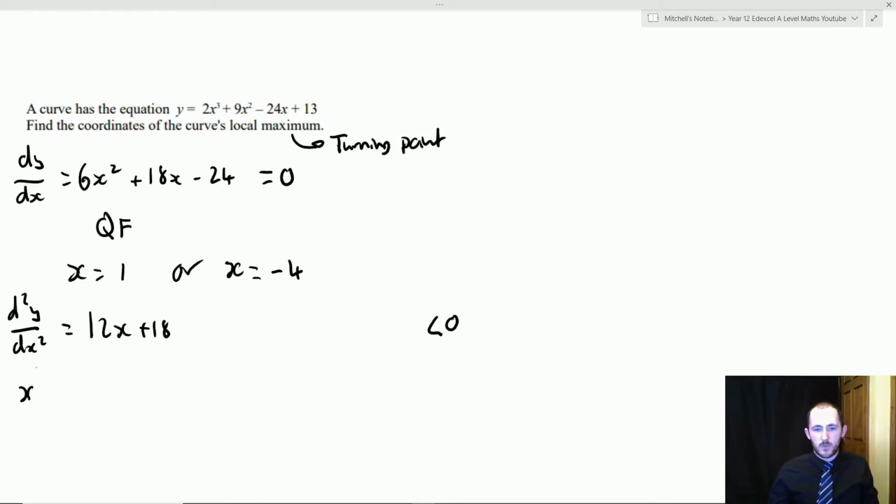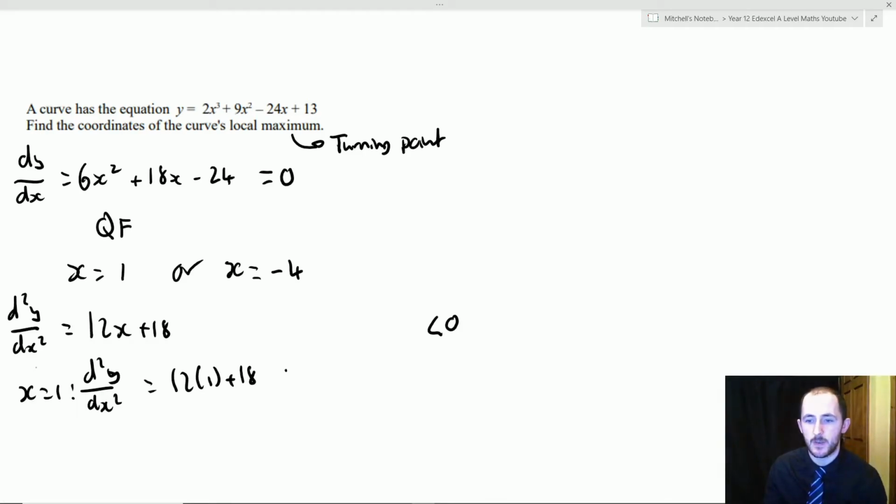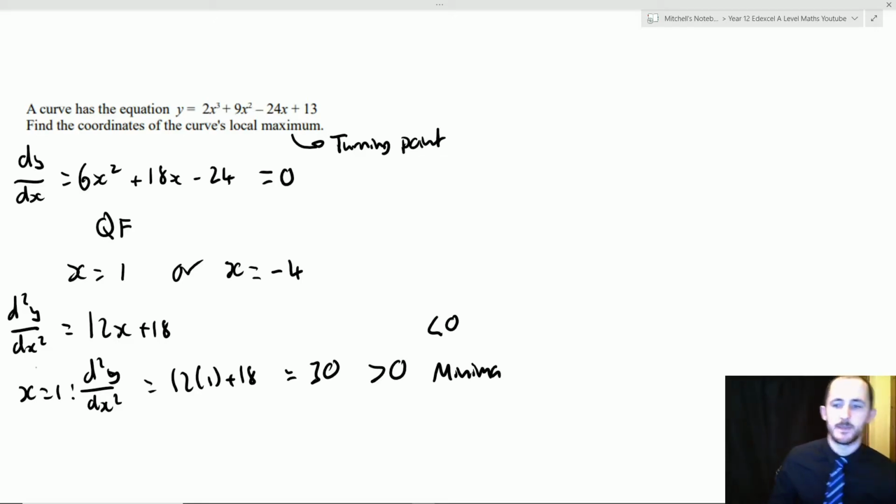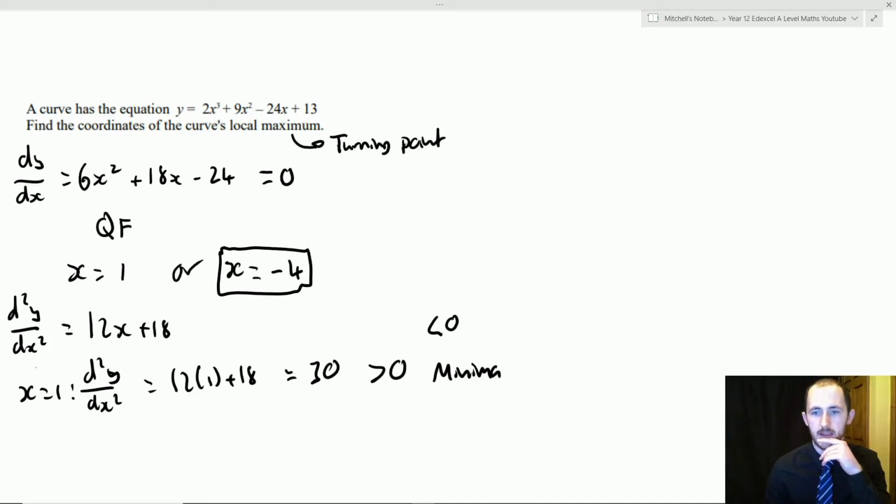So when x equals 1, d squared y by dx squared equals 30, which is greater than 0, so it's a minima, which means the other one has to be the maxima. And that makes sense, right? Minus 4 times 12 is minus 48, plus 18 is negative. So this one is our maxima.